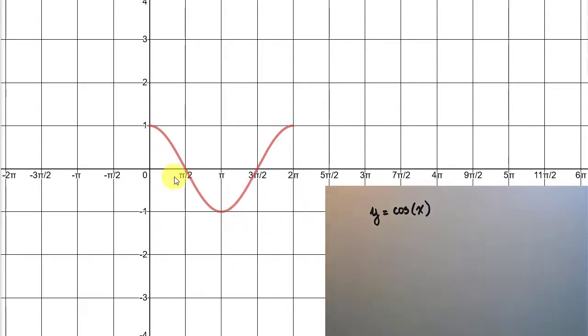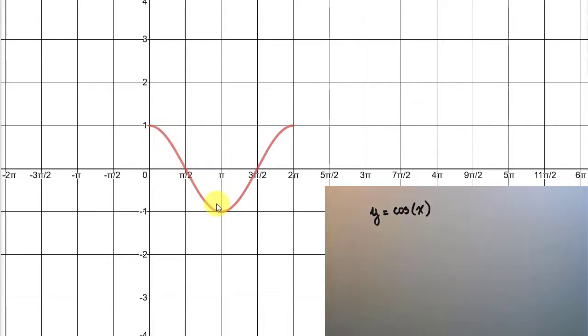Observing this graph right here, you can see once again you have a bottom peak, and two other high peaks. There's a center line, which some textbooks refer to as the midline. The vertical distance from the center line to the high peak, or from the center line down to the bottom peak, is the amplitude of your cosine wave.